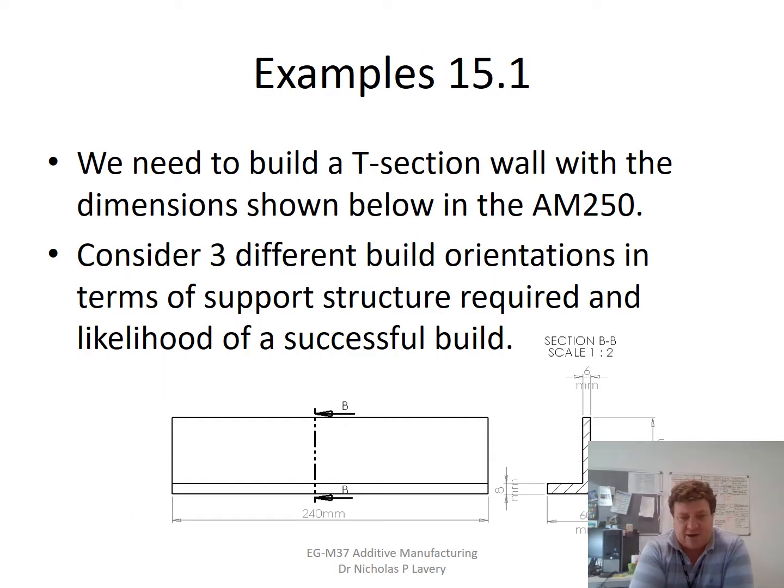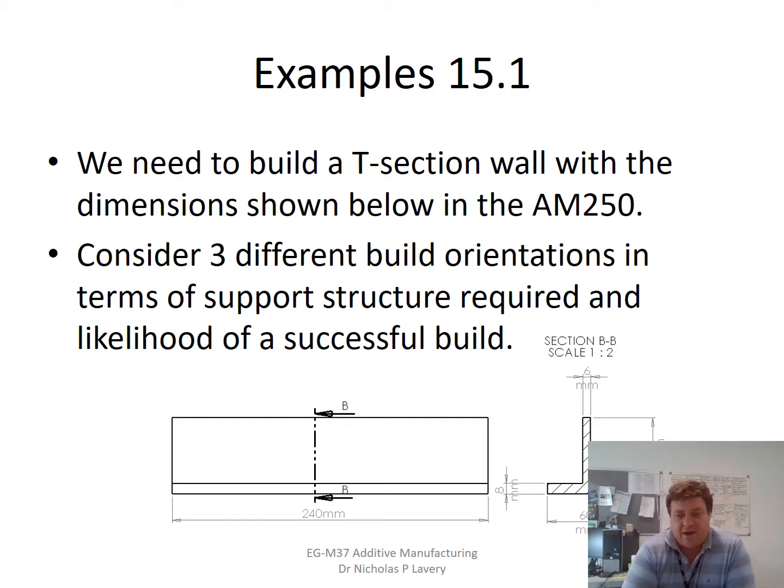Just to conclude this chapter on additive design, I'm going to go through a couple of examples, and this will show you a way of putting together a manufacturing feasibility report, which would be part of any product design using AM.